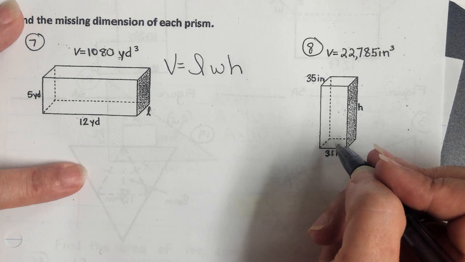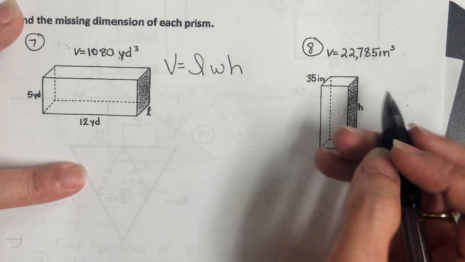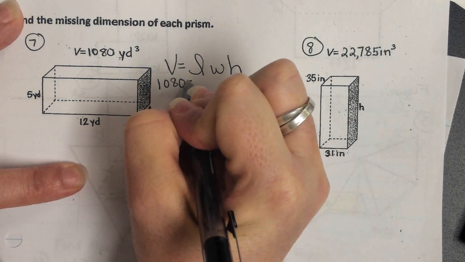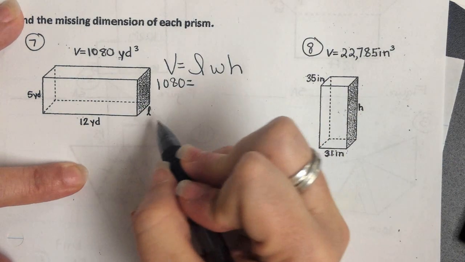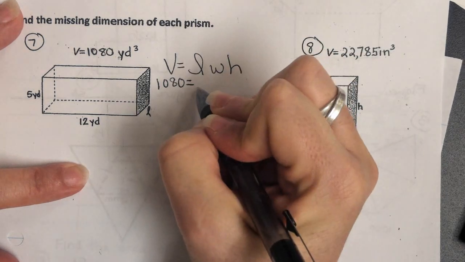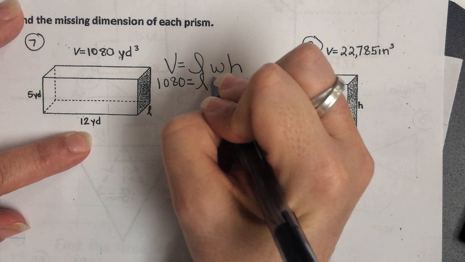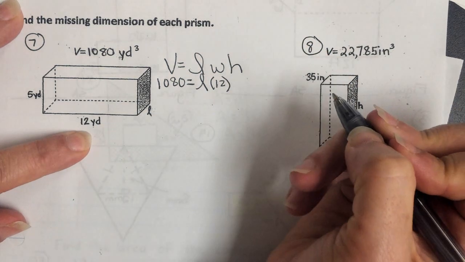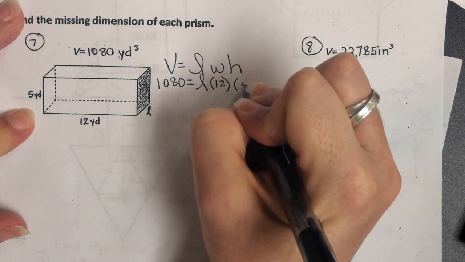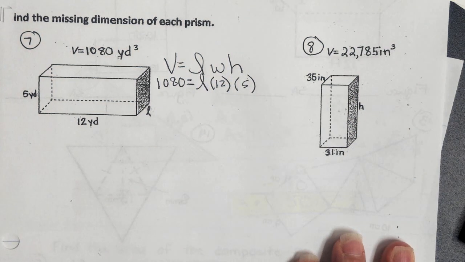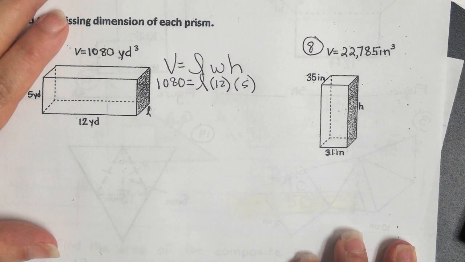Okay, step 2. Fill in what you know. I know that the volume is 1080. I know that my L is my variable. My width is 12. And my height is 5. Now it should kind of start looking like an equation.